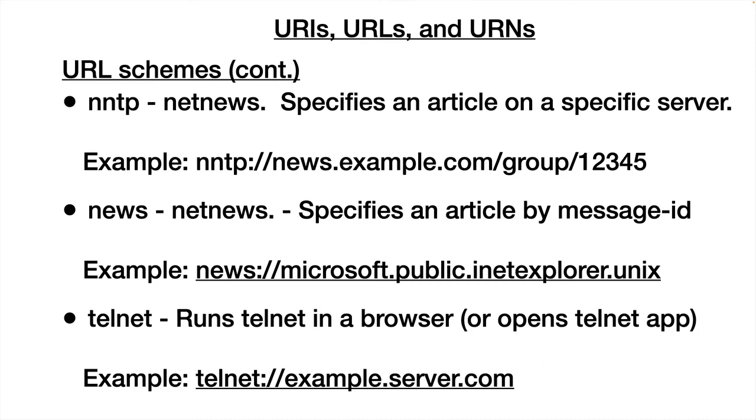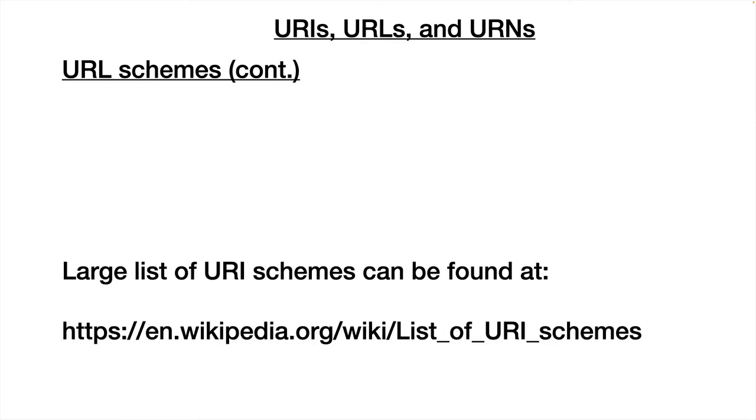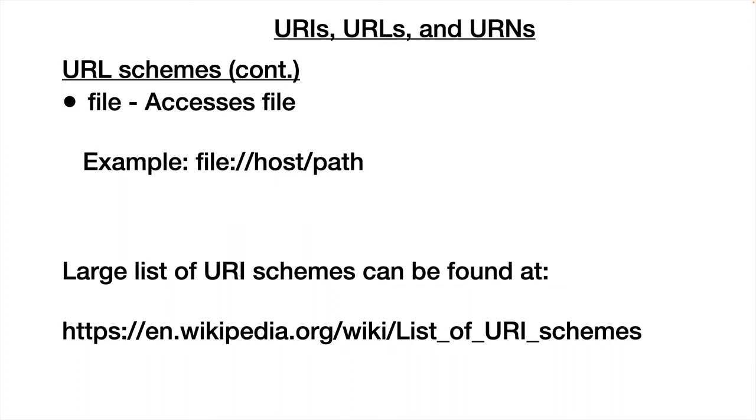Another scheme is Telnet. Some browsers will run Telnet in the browser. Other ones, similar to FTP, will open up an application that is capable of doing these. Looks like the next slide's a little bit out of order. So there is a file URL that accesses a file.